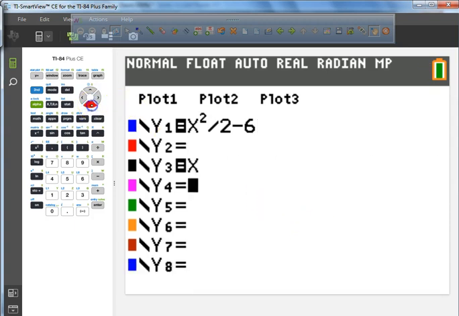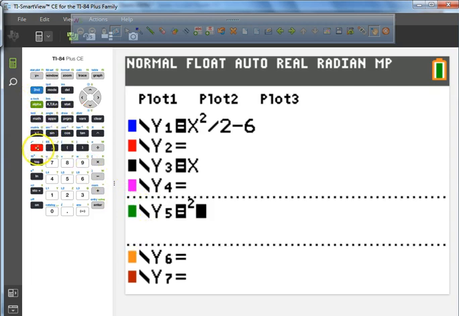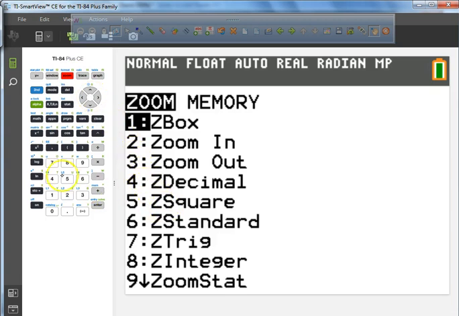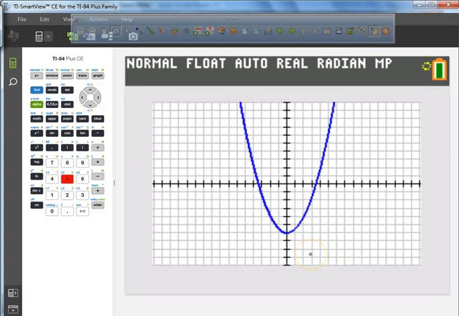And then over here in green, I'm going to do second x squared, 2x plus 12. And I'm going to hit zoom, and I'm going to make it a square. That does not look like an inverse. This is looking confusing to me.